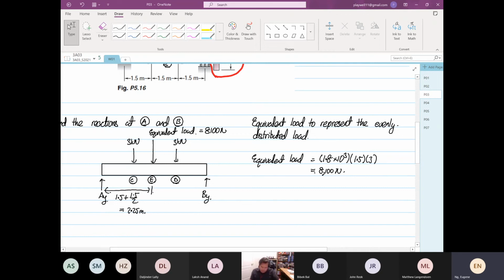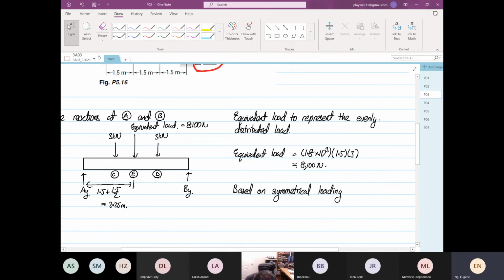One way of doing this, based on symmetrical loading and geometry, we know that AY is equal to BY, right?